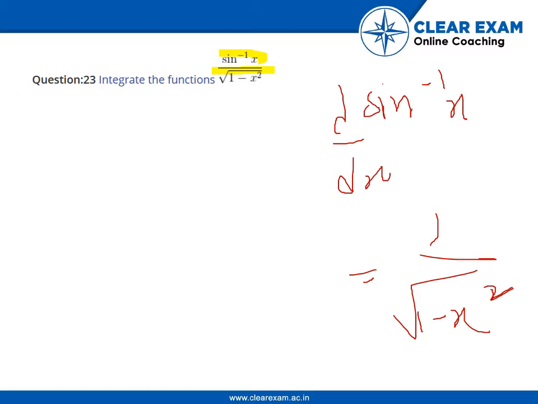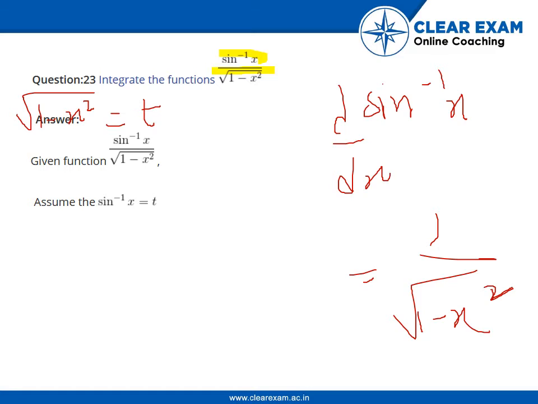So this gives us a clue that we can substitute root of 1 minus x square as t. That is, we can assume root of 1 minus x square is equal to t, and then we can proceed further. So let us see what we have as our first step.